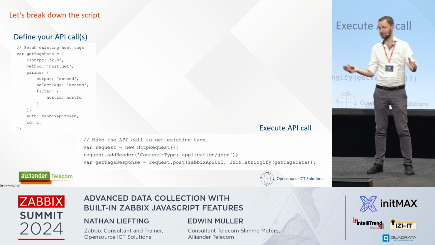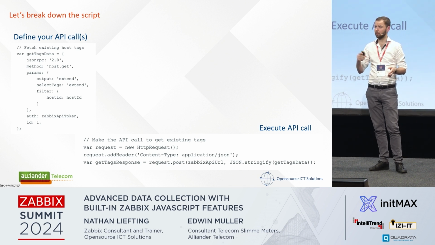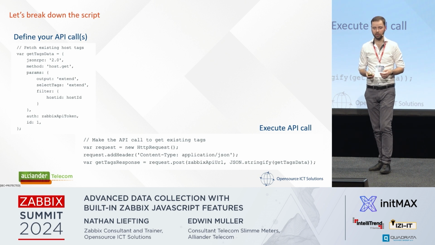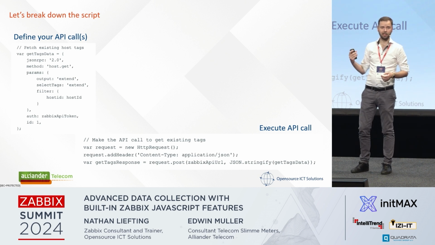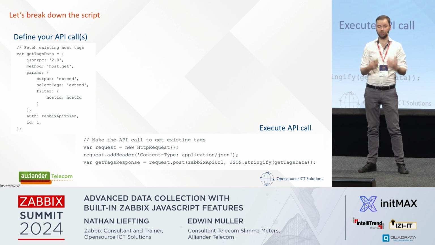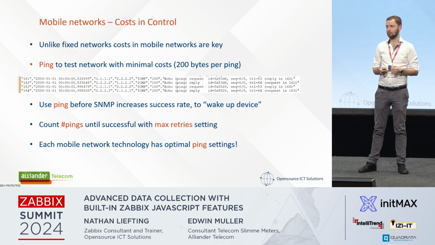So like I said, we're staying within the environment here. We're not doing anything on the CLI, but we're using JavaScript in the front end to talk back to the Zabbix API and make changes, making it all built in. The API call will simply get the host name through a host get to make sure that we have that, and then we can start to update the tag.